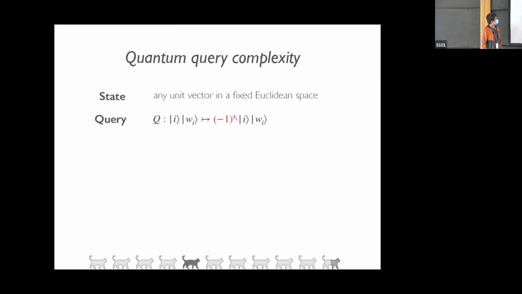Now in a quantum algorithm, we can define a query to be the following unitary operator. We will have some quantum bits, and the first few quantum bits will be used to indicate the location that we want to query, the query index.